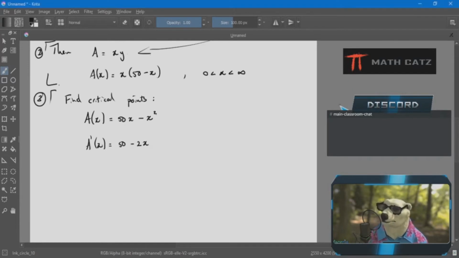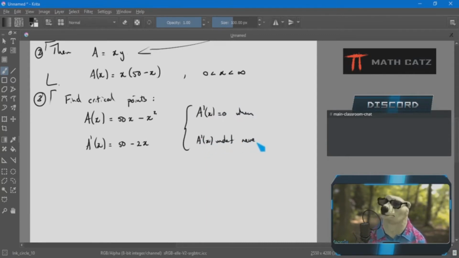Okay, let's see here. So I do my check for critical points. Let's do it over here. I check where the derivative is 0. Now I do check where the derivative is undefined, but that's not going to be the case here, for a polynomial.